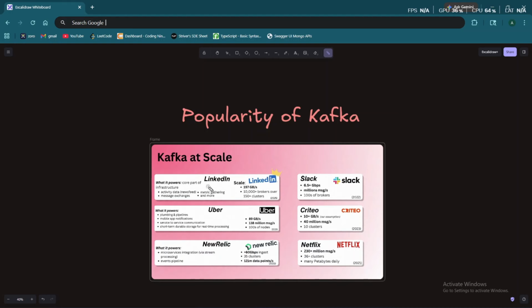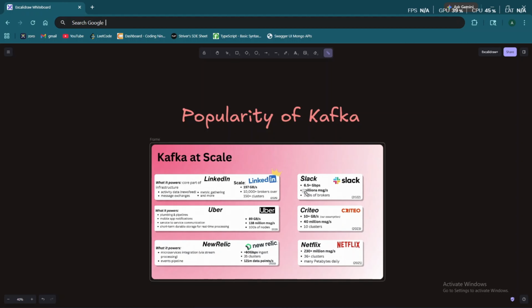LinkedIn uses Kafka at this scale, and there's one more big tech, Uber: 89 Gbps, 138 million messages per second. So Uber can process this many million messages per second, and they are using hundreds of nodes currently. Then there is New Relic, again in the Gbps scale, with millions of data points per second.